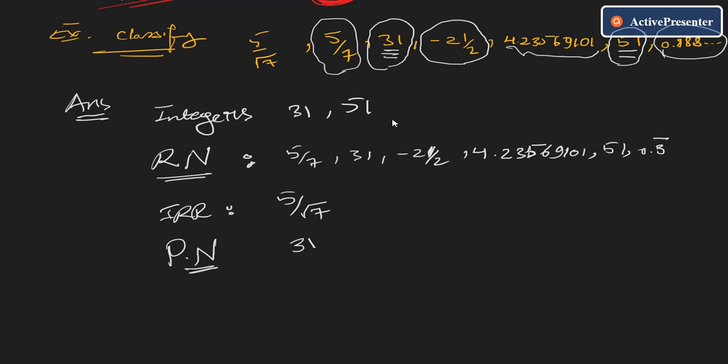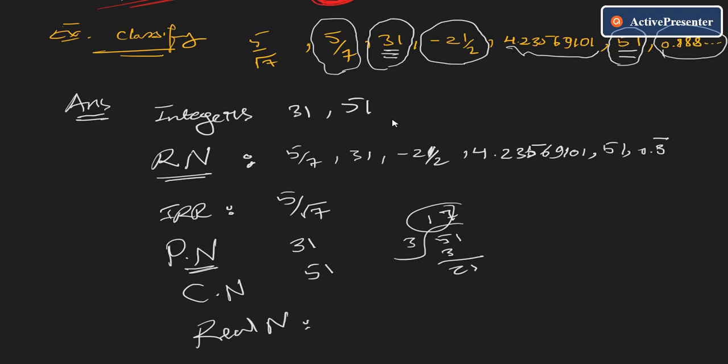Do we have a composite number here? Yes, we have a composite number, 51. We said it before: if you divide 51 by 3, it is 17. So 51 is a composite number.